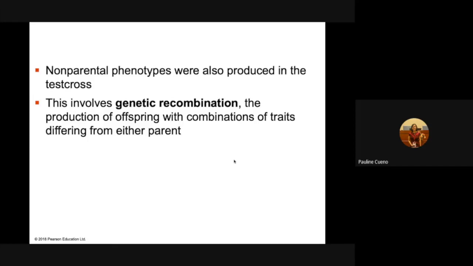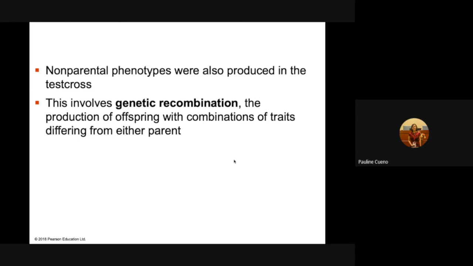Hindi ibig sabihin na ampun ka, pero ibig sabihin lang po, di ba remember the concepts of polygenic inheritance and multiple alleles. There are some genes controlled by multiple alleles, and then there are some phenotypes controlled by multiple genes.